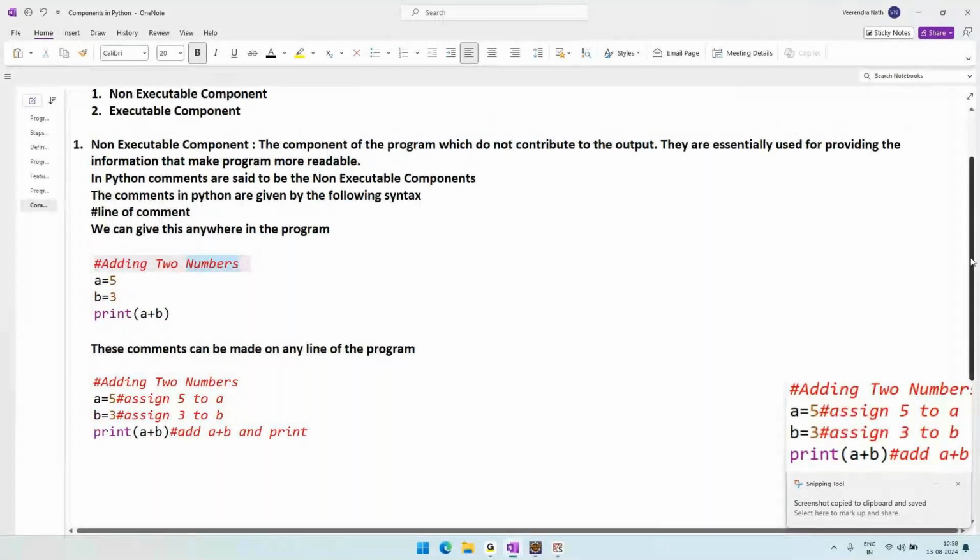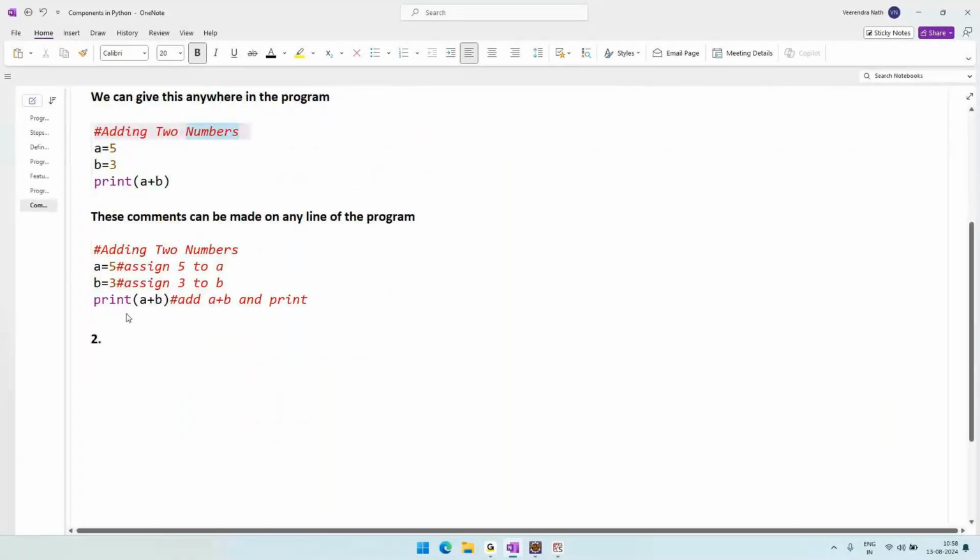Okay, next we talk about executable components.